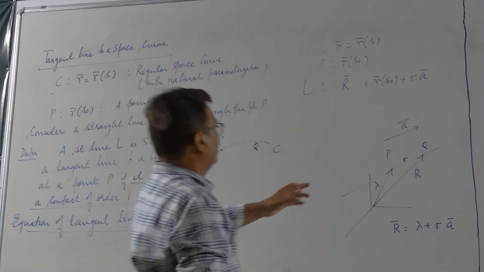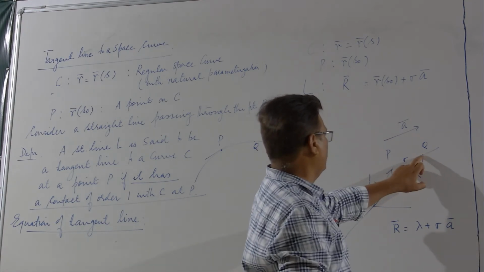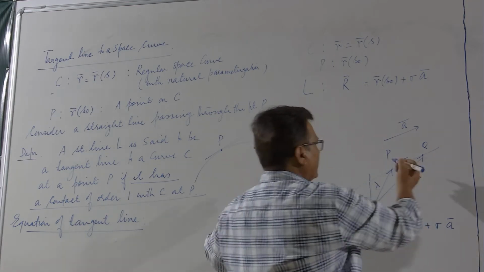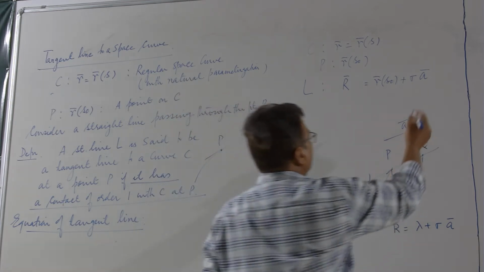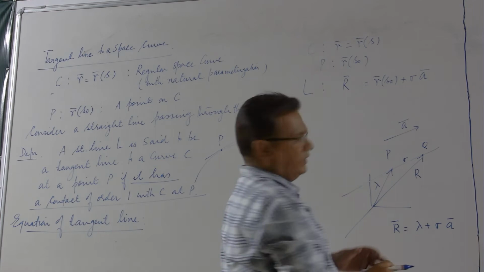So, in our case the point P is r(s0), and this is the distance sigma. Since I will vary my point Q, this sigma will vary, which can be treated as the arc length parameter, and A is a unit vector to which this line is parallel.